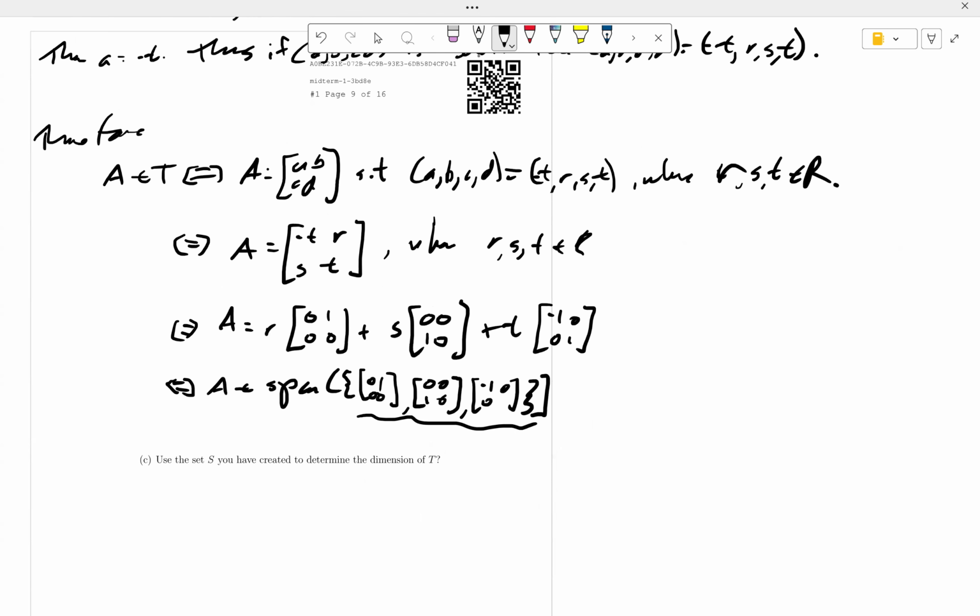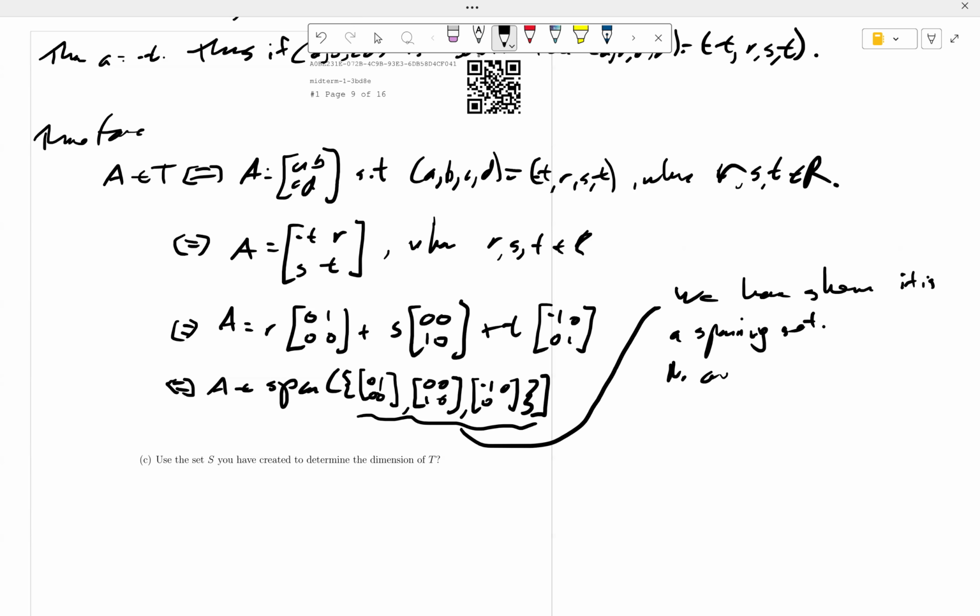We've shown it's a spanning set. We now argue it is linearly independent. And I'm going to leave that as an exercise.